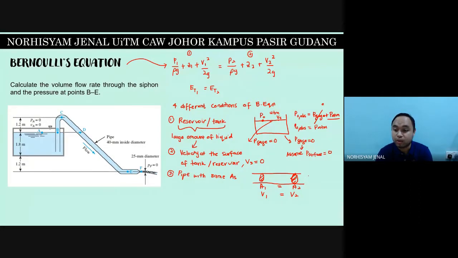This comes from the equation Q1 equals Q2, so A1 V1 equals A2 V2. If A1 and A2 are the same, V1 and V2 should be equal to each other. So this is where we have this assumption.